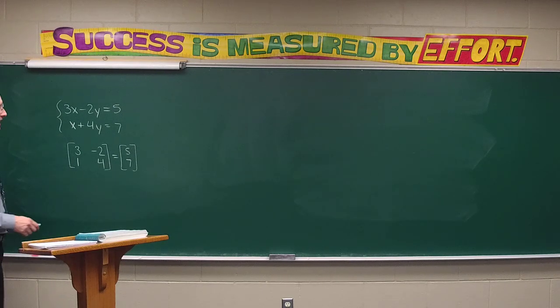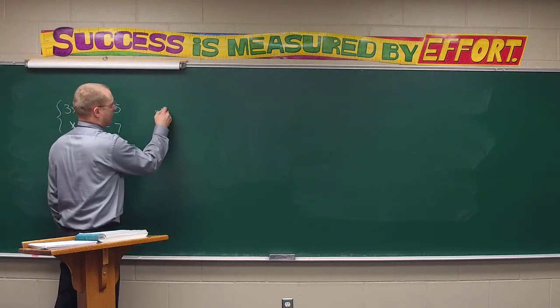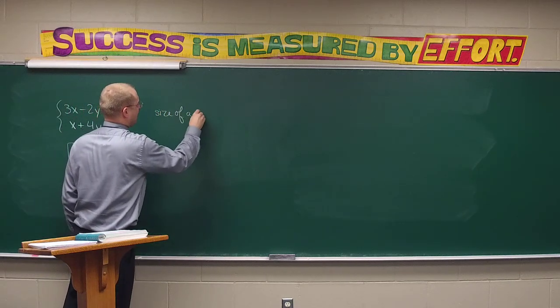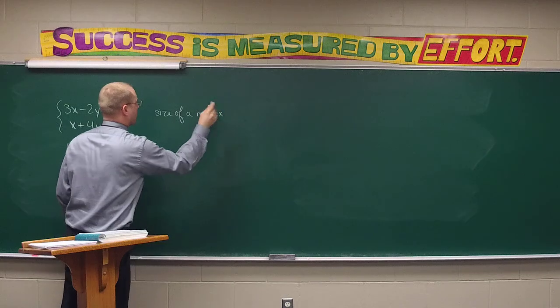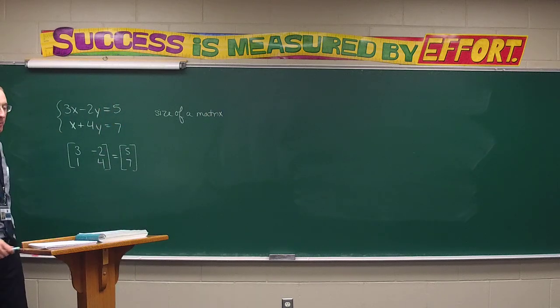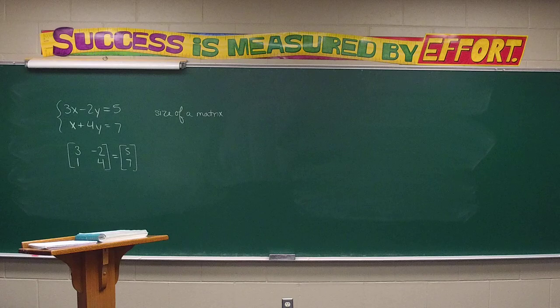Now, how do we define the size of a matrix? Write this in your notes if you would. The size of a matrix is defined as the number of rows by the number of columns.